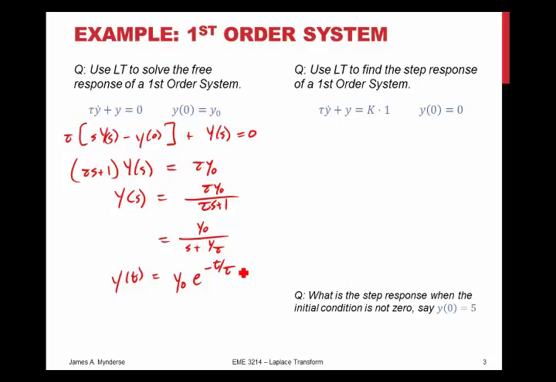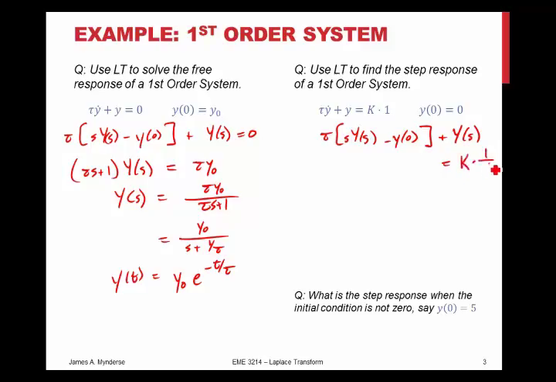So what if we have the case on the right where we have, instead of a 0 input and an initial condition, a 0 initial condition and an input. Same idea. We'll find the Laplace transform. So again, tau, pull that out, s y of s minus y naught plus cap y of s is equal to, and the Laplace transform of k is a constant times 1.